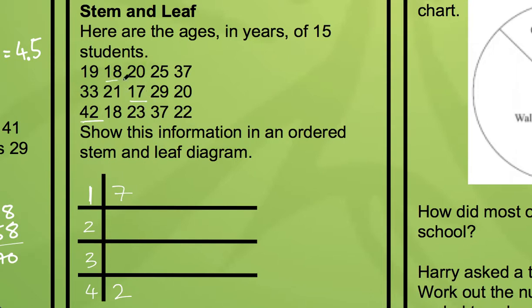So up from 17 I've got 18 and another 18. Then a 19. Underline them rather than crossing them off. In 20s I've got 20 and another 20, so that's 2 zeros in here. Try and line up the numbers underneath each other because it makes a clearer diagram when you're finished.